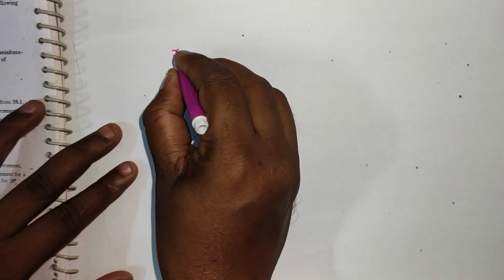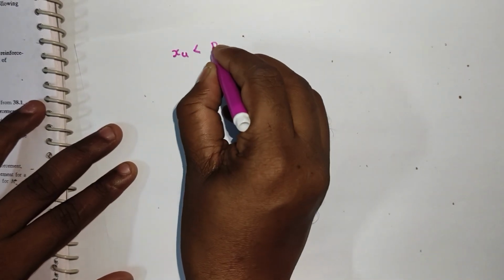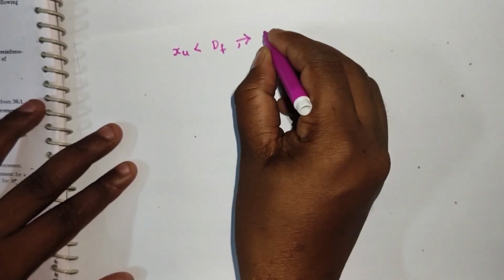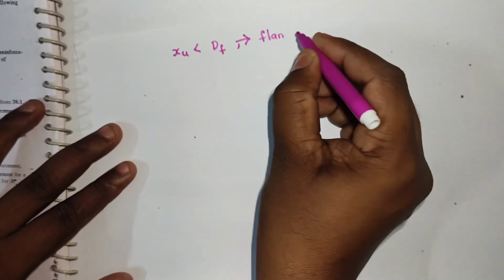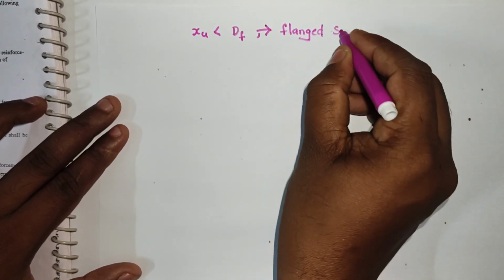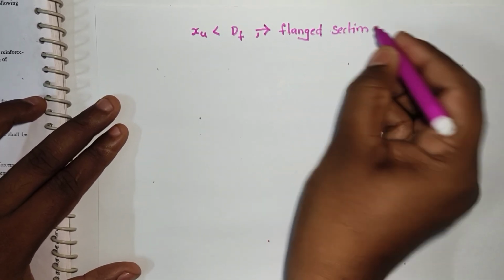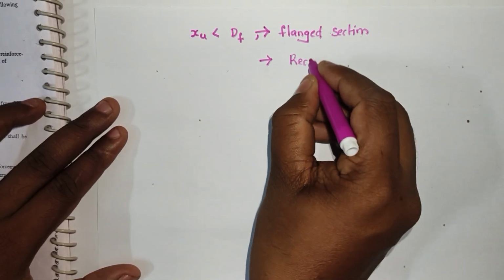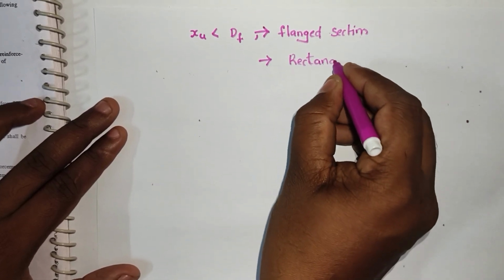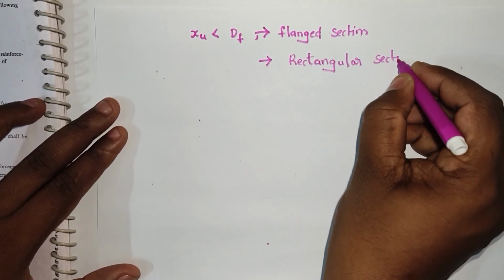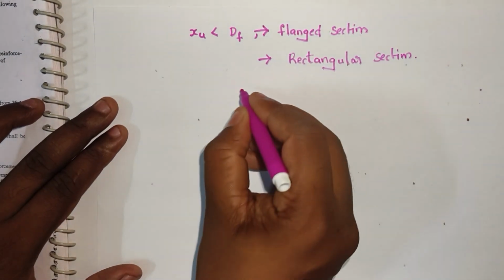See, in the case of XU less than DF for flanged section, and for rectangular section as well, we can use the same equations.